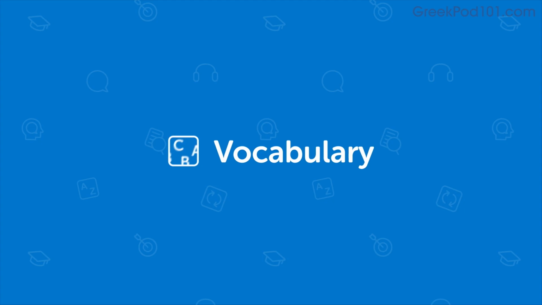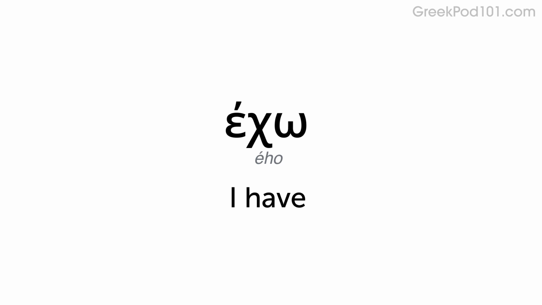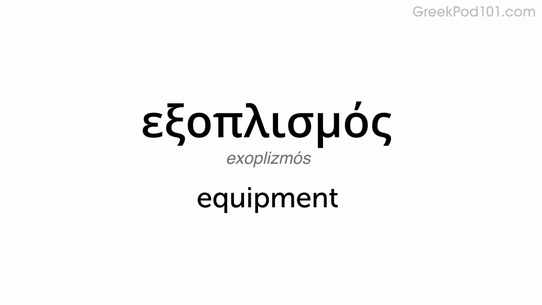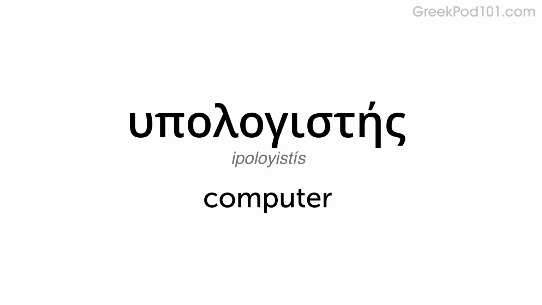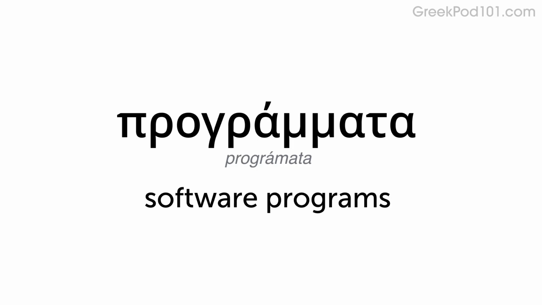Now you will hear the key vocabulary, followed by the English translation. Ευχαριστημένος. Happy. Pleased. Έχω. I have. Εξοπλισμός. Equipment. Υπολογιστής. Computer. Οθόνη. Monitor. Προγράμματα. Software programs.